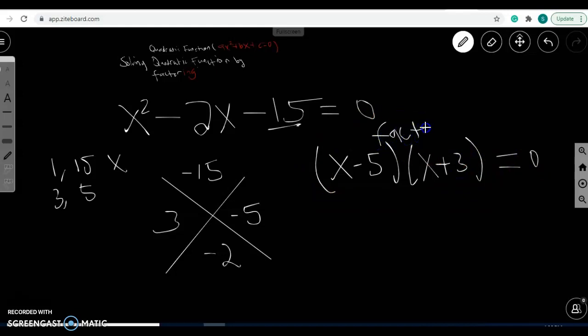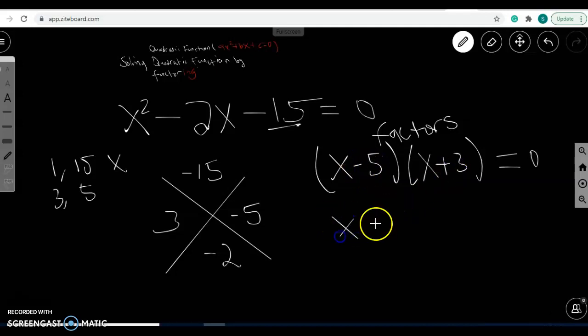So this is the factors. So always read the question. If your teacher wants you to find the factors, you stop right here. If it is looking for the solution, or if it asks you to solve it, that means you're looking for the solution. So here you're setting each of them equal to 0. And what is happening is that, as you have learned from linear equations, how you solve a linear equation, you see that it's going to be the opposite of this.